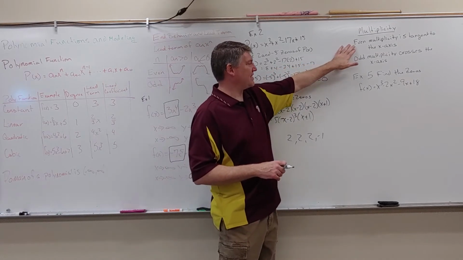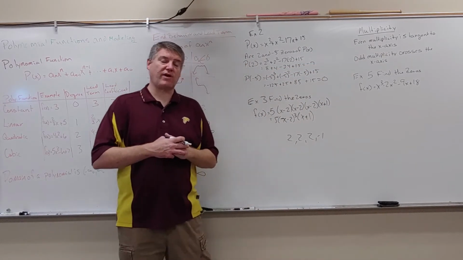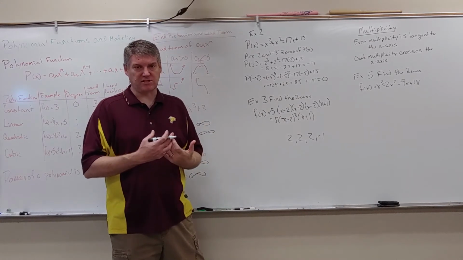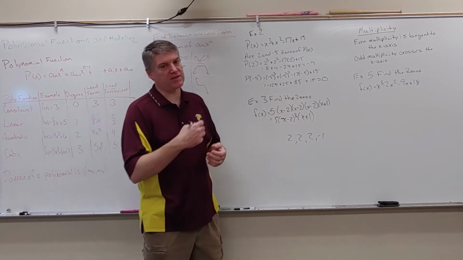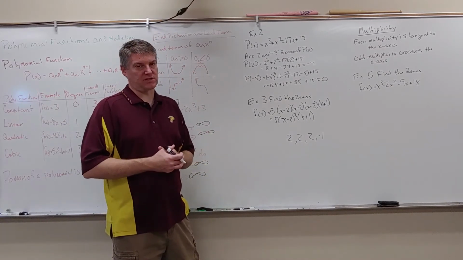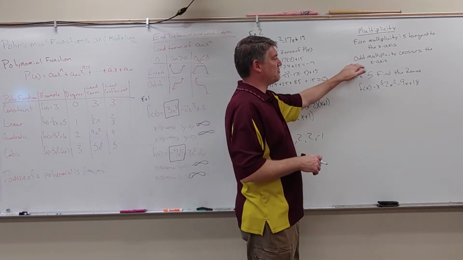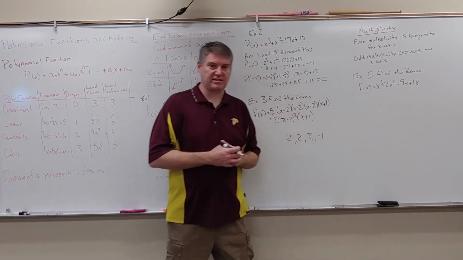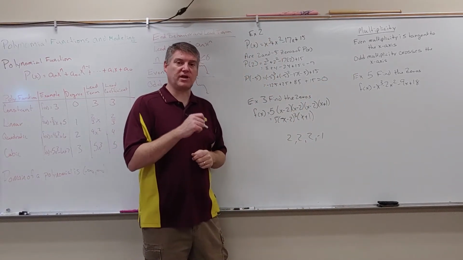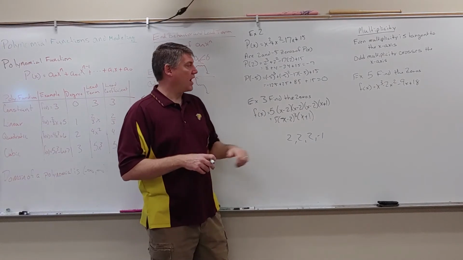But if it is an even multiplicity, then what's going to happen is the graph is going to be tangent to the x-axis. So it's going to come up to the x-axis, looks like it kind of bounces off of it and goes in the same direction that it came from. Okay? If it's an odd multiplicity, it's going to cross the x-axis. So it's going to go up to the x-axis, cross through it, and go to the other side if it's odd.